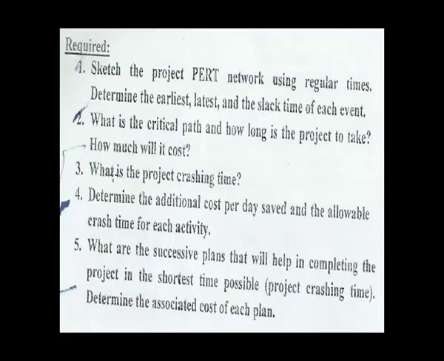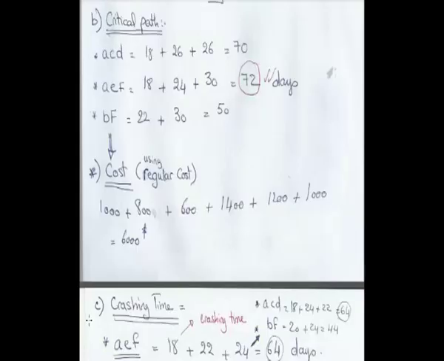In requirement number 3, you are asked what is the project crashing time. You can calculate the project crashing time through focusing on the available paths and calculating them using the crashing timing given in the first table in the problem.